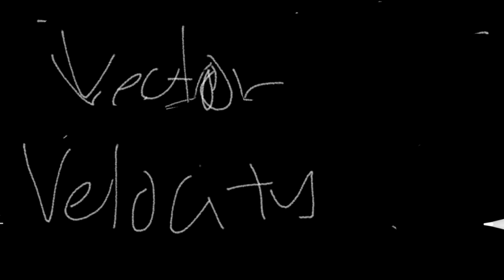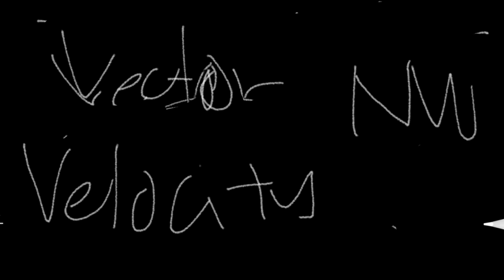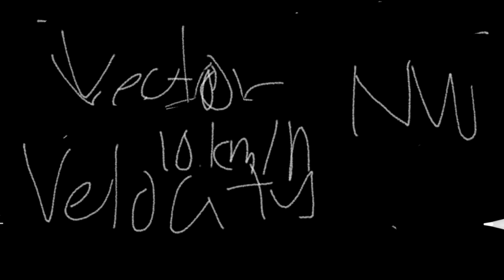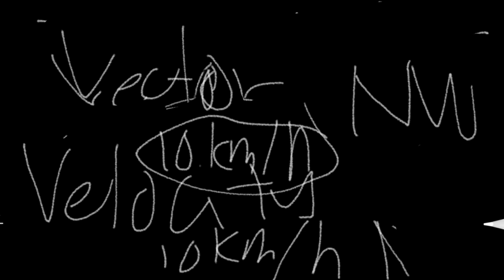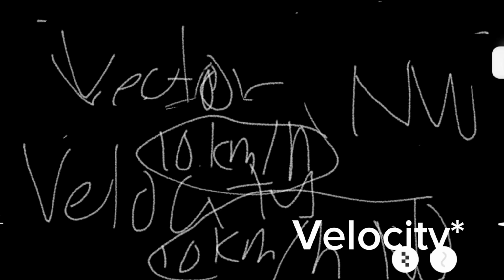Speed and velocity are basically the same, except that velocity has a direction. For example, the speed is 10 kilometers per hour. That is the speed. The vector counterpart should always have a direction, so 10 kilometers per hour to the north. That is the difference between velocity and speed.